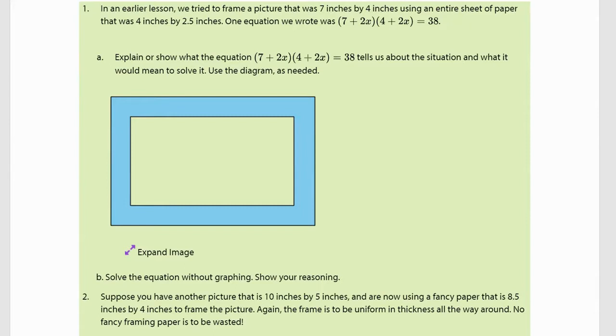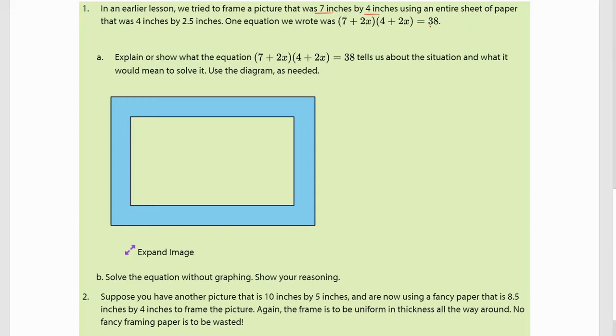I'm trying to remember. And what does it tell us about this situation? So let's see. An earlier lesson, so 7 inches by 4 inches.